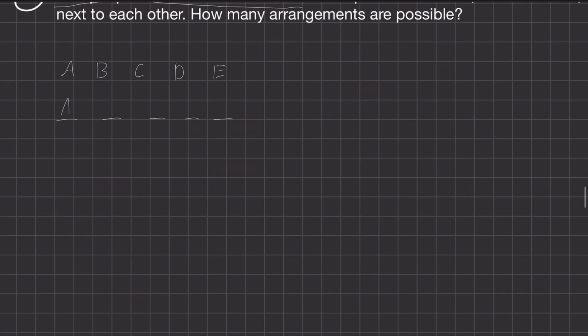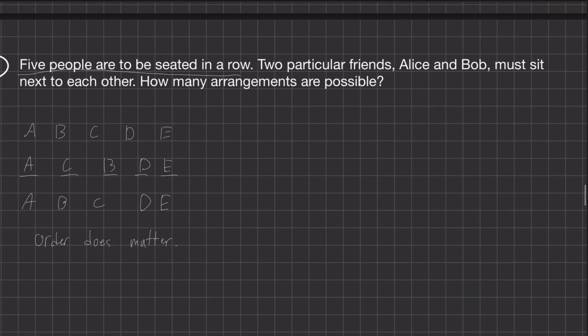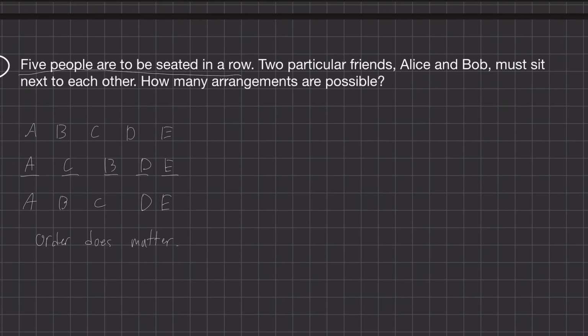If we have A, C, B, D, E, that is actually different from A, B, C, D, E. So yes, order does matter in this question, which means that it is a permutation question. But it's still a little different. There's a restriction. It said that 2 particular friends, Alice and Bob, must sit next to each other.